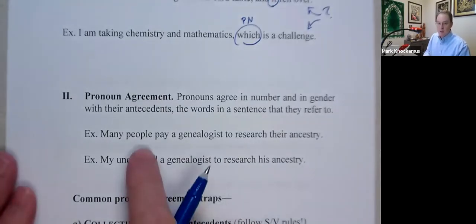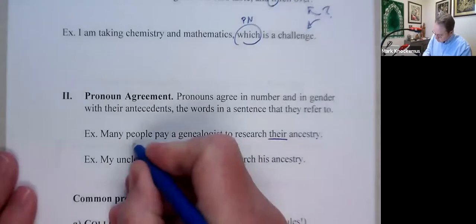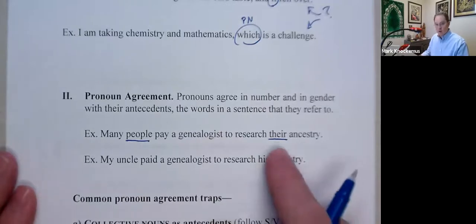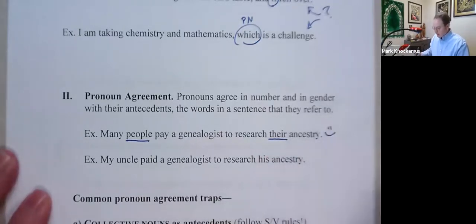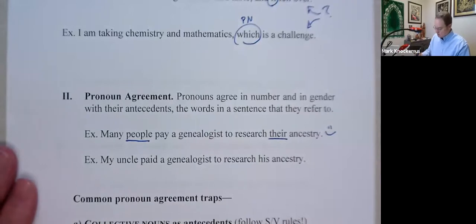Let's take a look. Many people pay a genealogist to research their ancestry. People is plural, and their is plural. So that sentence is A-OK. My uncle paid a genealogist to research his ancestry.